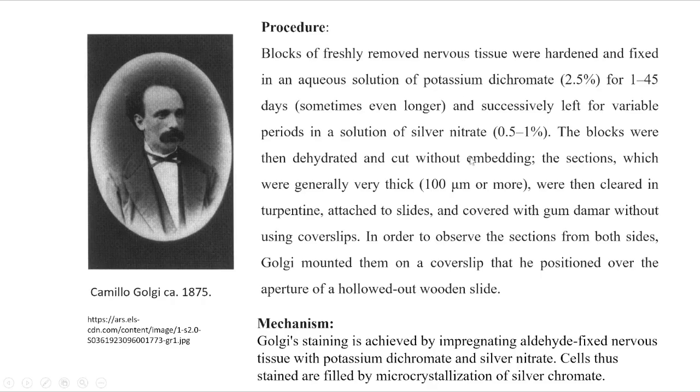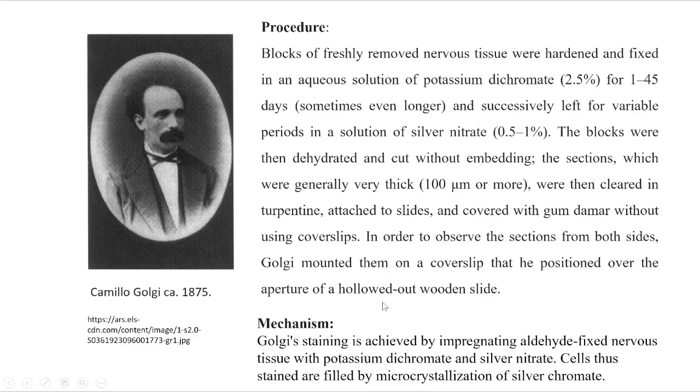They were dealing with extremely thick sections of tissue, they were not able to perform any embedding, and in many cases they were not using cover slips. So lots of different variables, and therefore it was very unreliable to perform this technique.